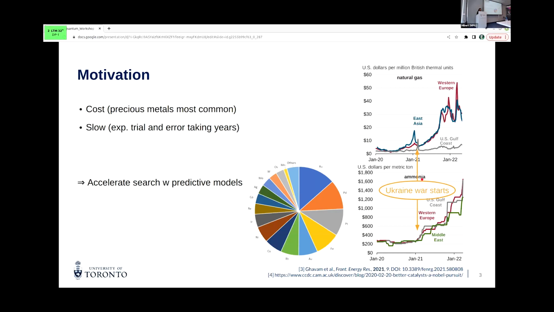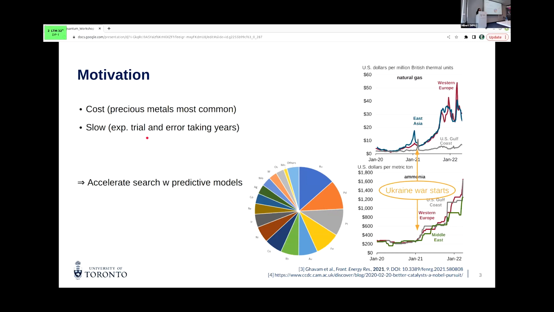At the same time, this war made the price of metal catalysts soar. And those metal catalysts are already precious and pricey metals to begin with, mostly ruthenium-based, platinum-based, palladium-based, very expensive. So all of those are just arguments as to why we need to find new catalysts and fast.